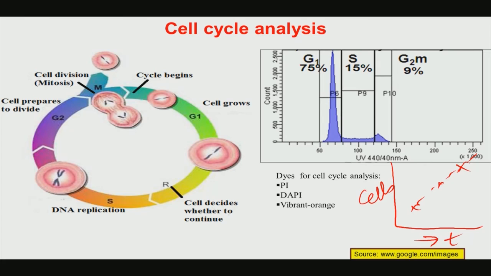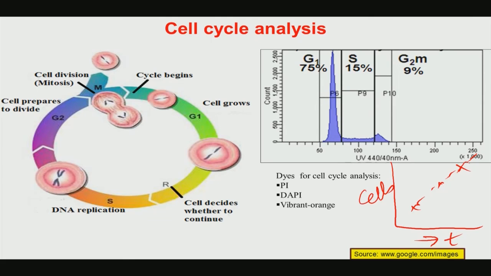So, as you know from my earlier modules, the cell cycle goes through certain checkpoints, if you remember correctly, from G1 to S to G2 and then finally M. At each checkpoint, certain conditions have to be satisfied, and only then will the cell go in an irreversible manner from G1 to S and subsequently S to G2.